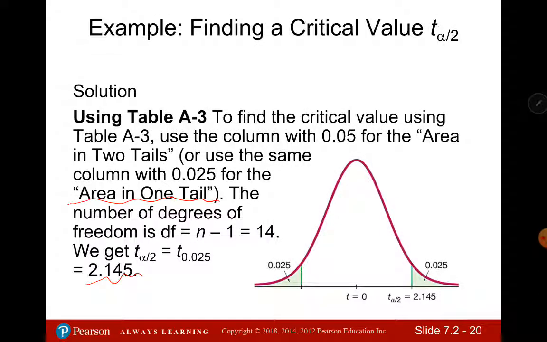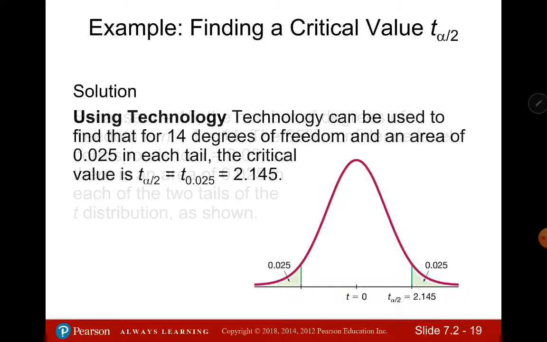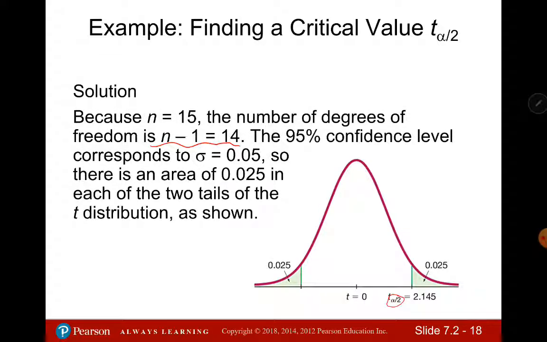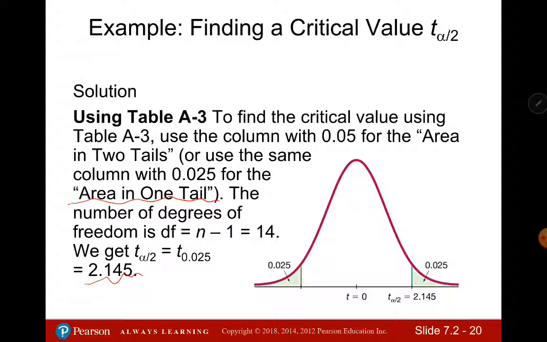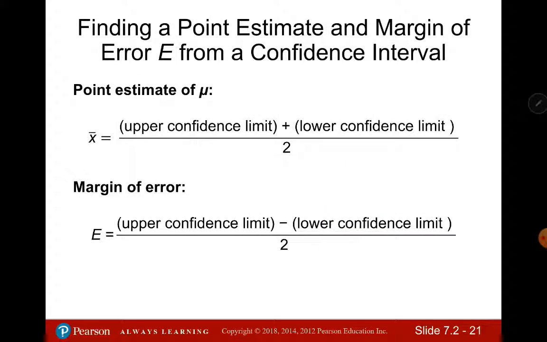The remaining part, we only need to plug the critical value into the formula to get the margin of error if we need to construct a confidence interval, right? The critical value is just for the margin of error. And for these two formulas, it's very similar to the last section.